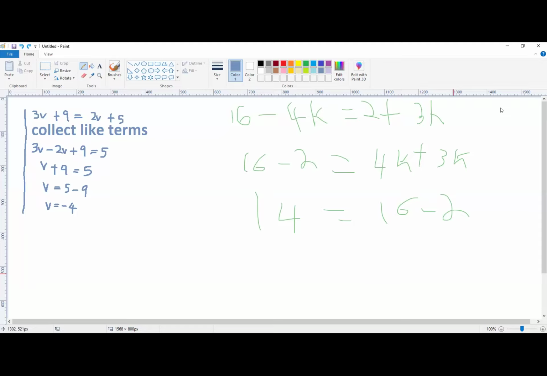You could tap on the annotate icon again. The draw. Can you see it? 7k equals.